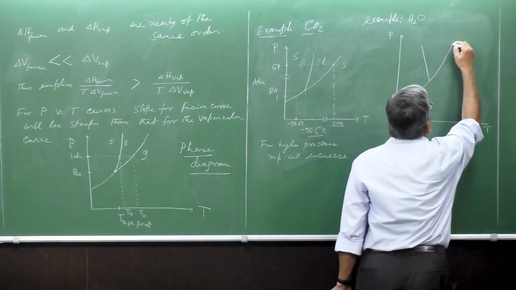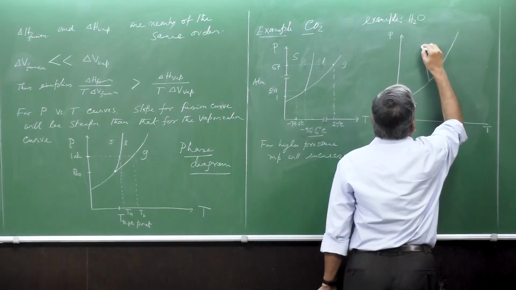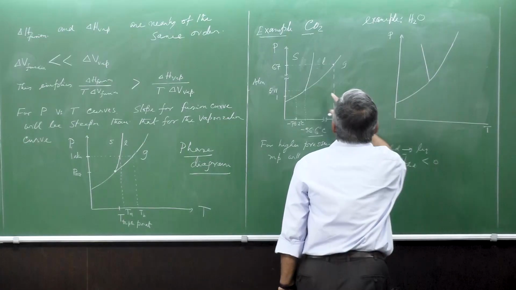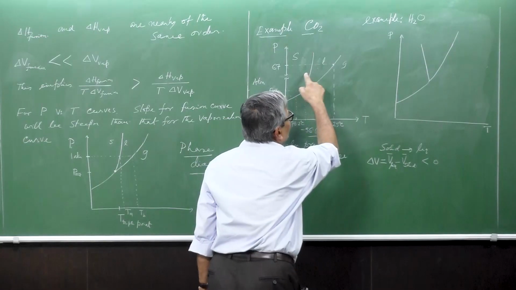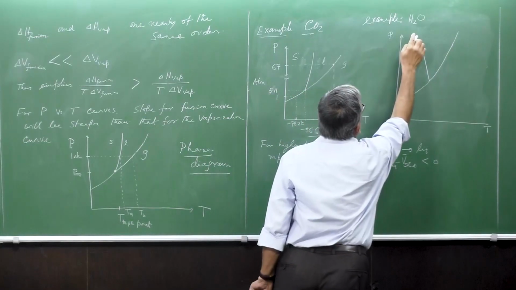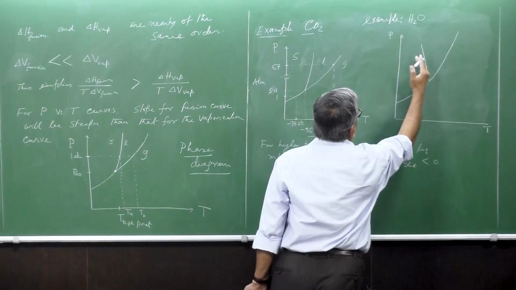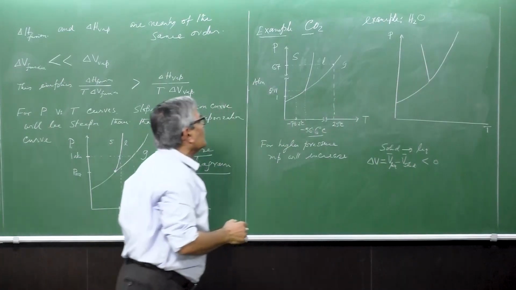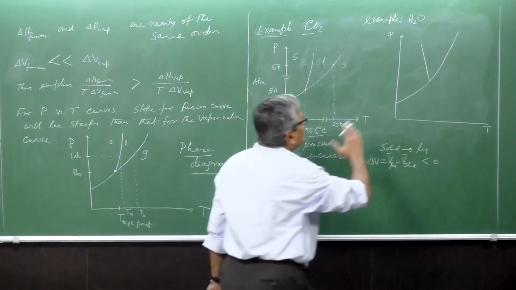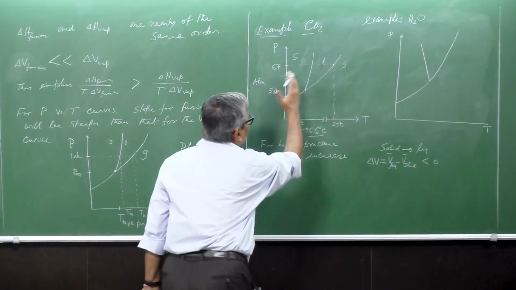So one important distinction between carbon dioxide and water is that the solid liquid curve in the two cases has different slopes: positive and negative.